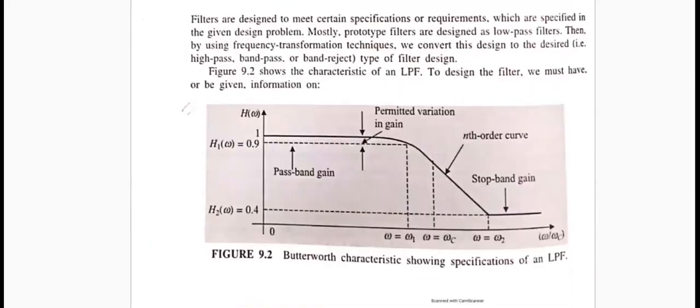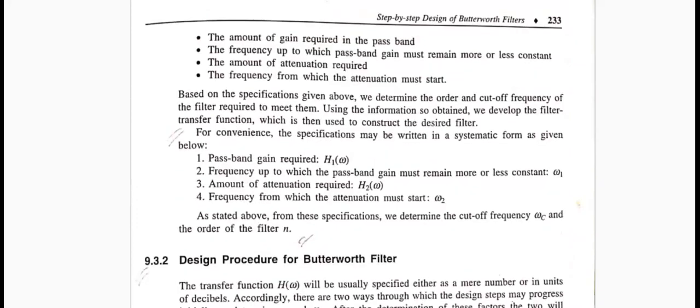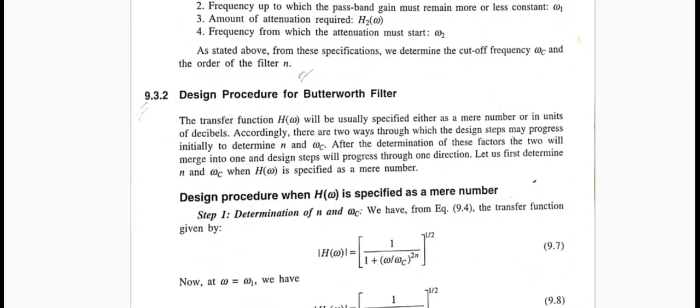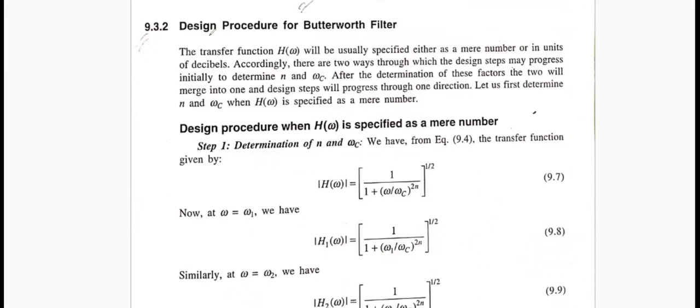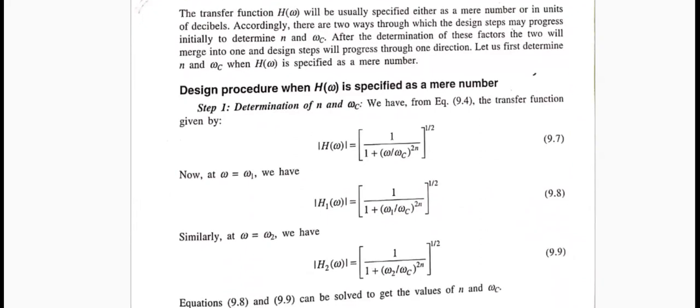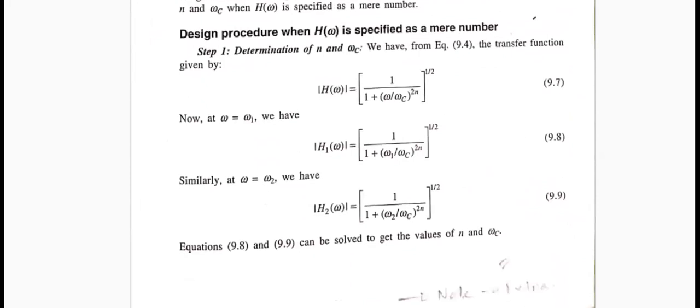We have also started the steps with the design procedure for the Butterworth filter in the last class, where we just started with the determination of n and omega c, where n is the order of the filter and omega c is the cutoff of the filter.